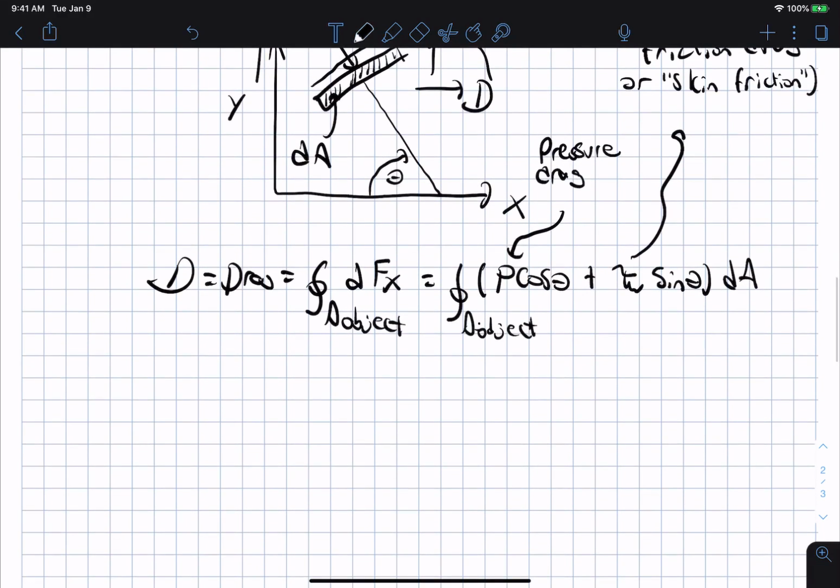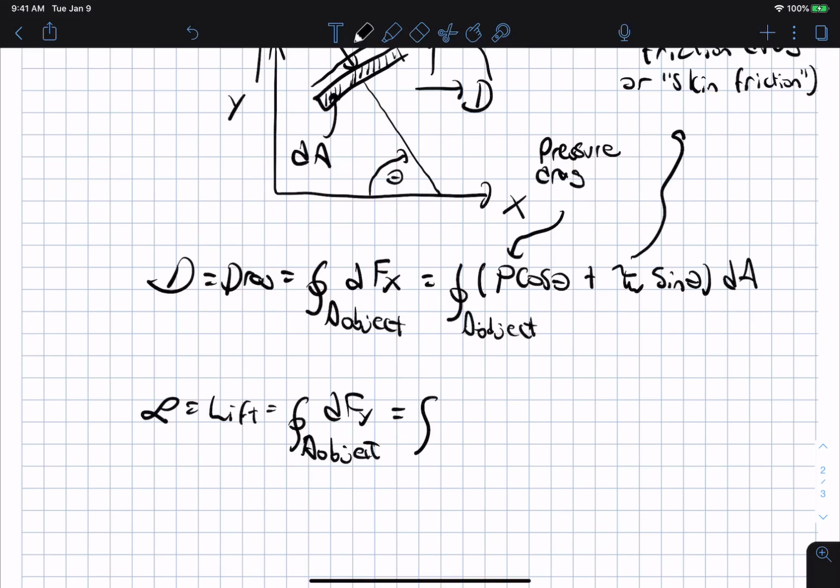Okay, and then the lift force is just simply the y component. That equals the integral over the entire object surface of dFy.